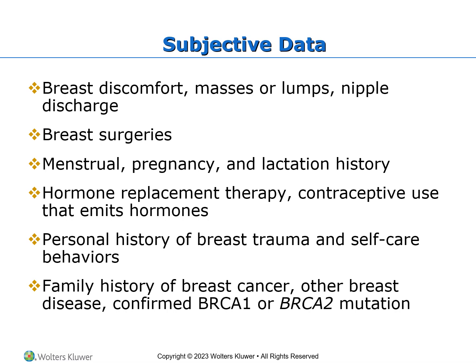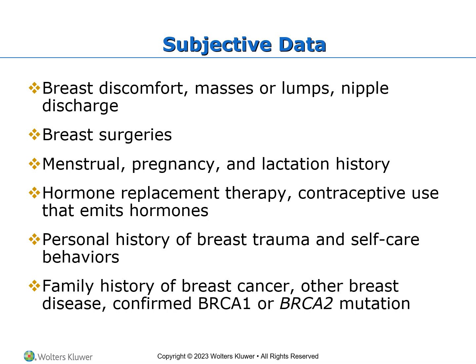So we're asking about age of menarche, which is the start of a young woman's period, menopausal status, pregnancies, breastfeeding history, and current menstruation patterns. Any breast changes associated with pregnancy and lactation, these are often normal, but should also be assessed.